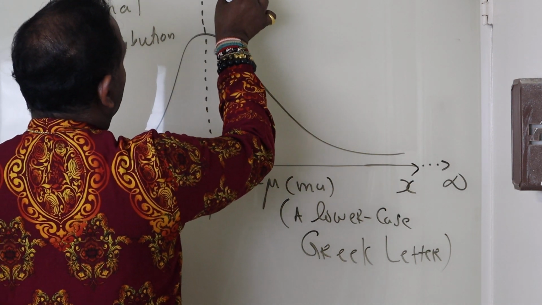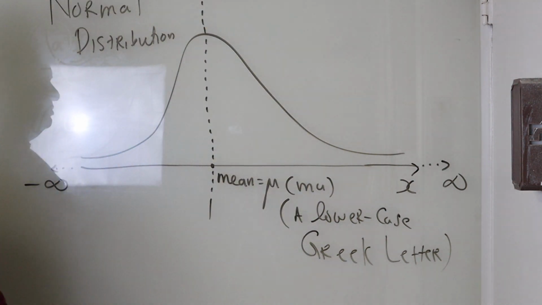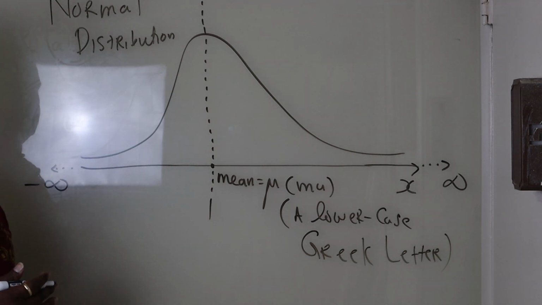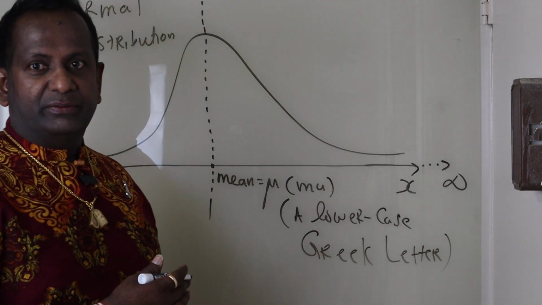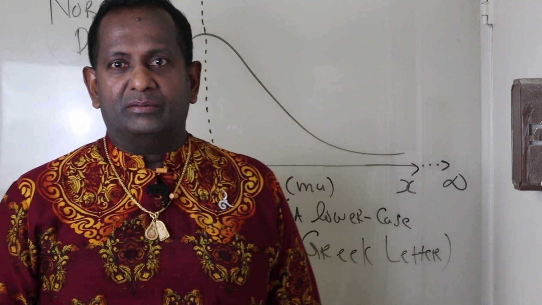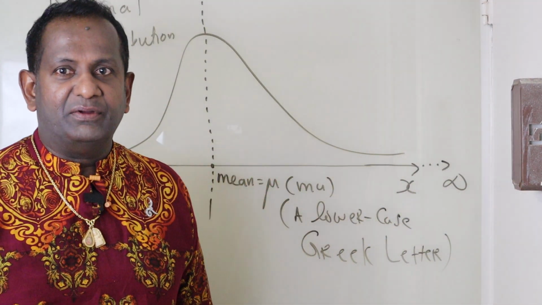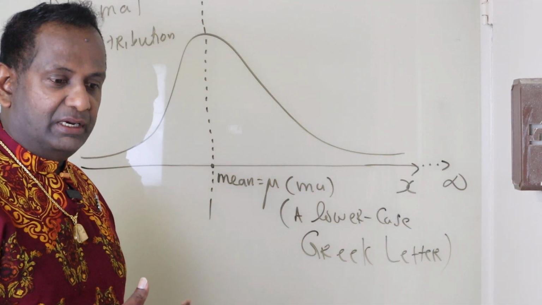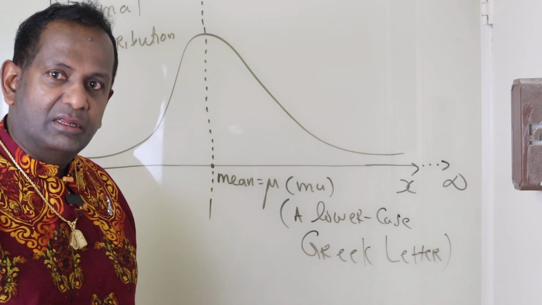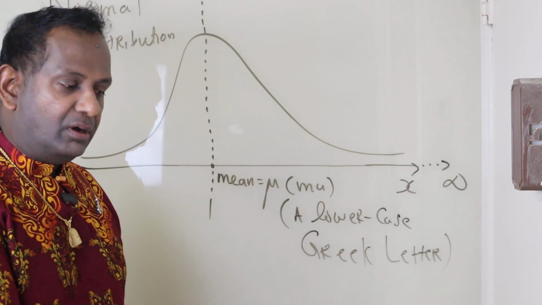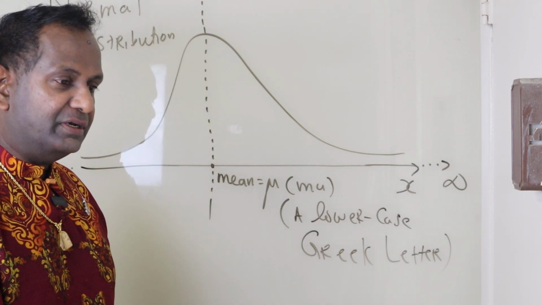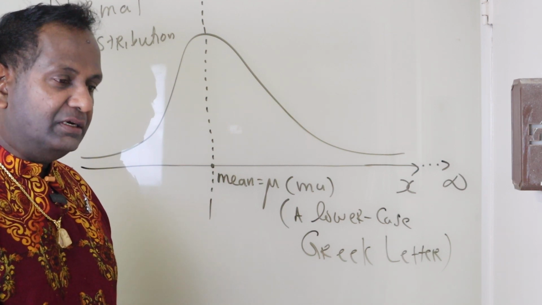This is a very special function. We don't call it just a function; we call it a probability density function. Instead of a regular function available in mathematics, it has a certain property.